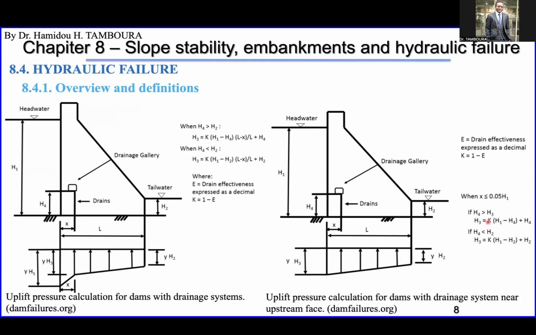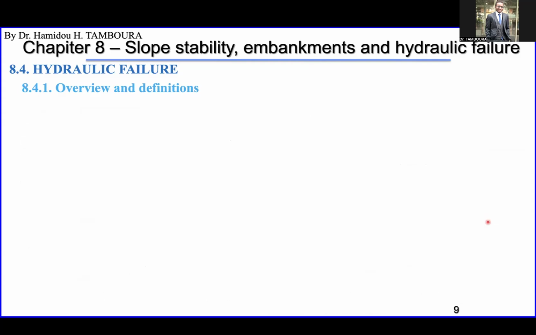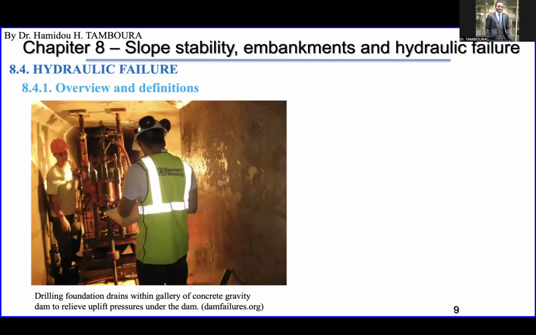Not only gravity dams, but even earthen dams can fail, okay? This is an example of a gallery, and you can see people drilling a foundation drain. They are making a drain to reduce the water pressure under the dam, okay?